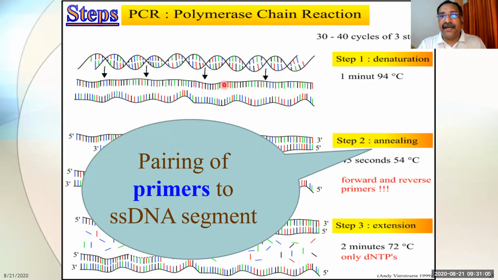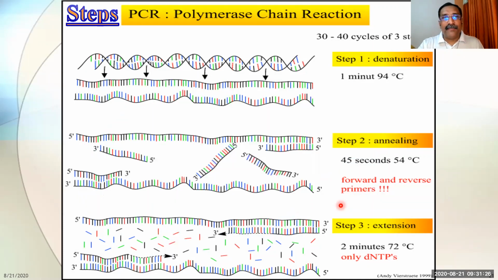And this primer will come and sit on each DNA strand. That is the second point. That is what is called annealing. Now I will remove it and I will come to the previous picture. I will go back. Now you see the picture over here.